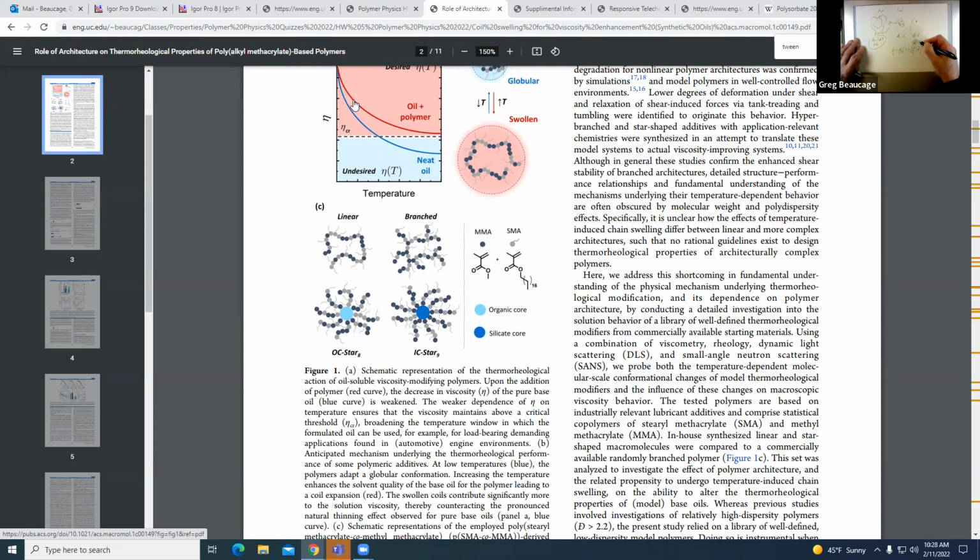So if R cubed goes up, then the viscosity goes up when it's hot. And then when it's cold and it collapses, this number goes down. This is called the Einstein equation of viscosity. For 3D spheres, this number's 2.5. And for polymers, it's going to follow this rule. Okay, so remember, M goes with size to the fractal dimension.